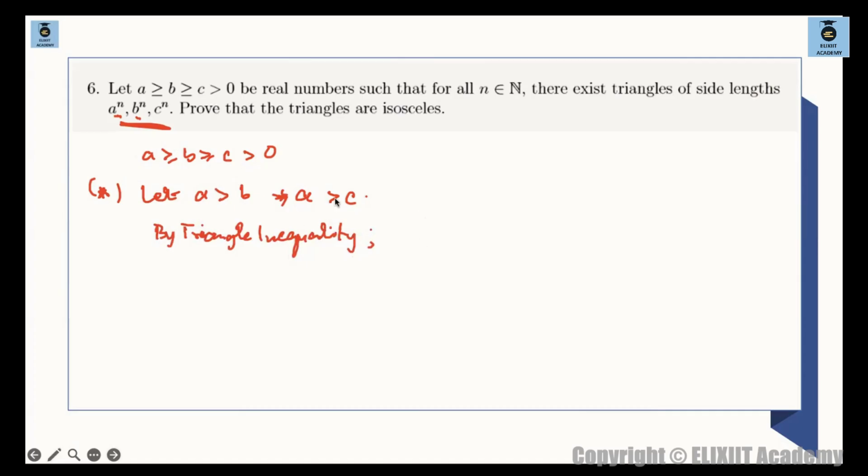So by triangle inequality, we can say A raised to the power of n is less than or equal to B raised to the power of n plus C raised to the power of n.